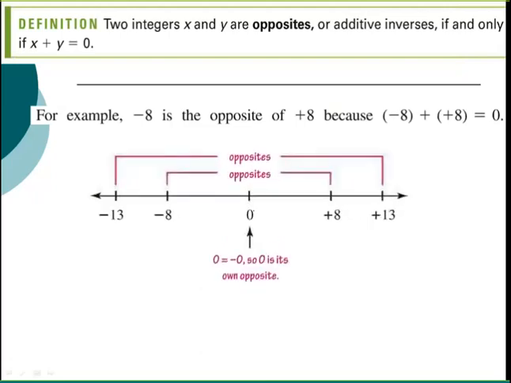But if you have things that are equidistant from 0, like -8 and +8, they're opposites. -13 and +13, if you add them, they would give you 0. They are equidistant left and right on the number line from 0. And the interesting thing is that 0 is its own opposite, because a negative times 0 is still 0. So it's its own opposite.